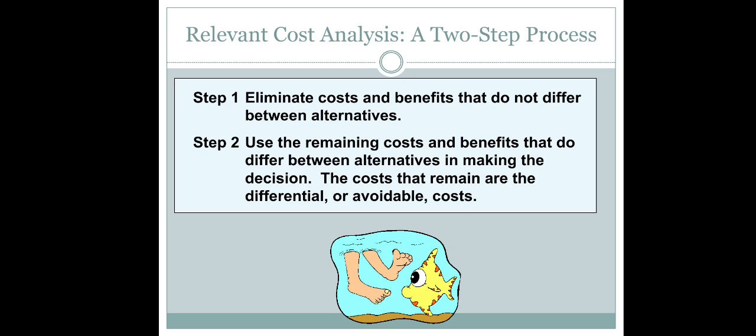There are basically two steps in the decision making process. Step 1, eliminate costs and benefits that do not differ between alternatives. In other words, step 1 is to eliminate irrelevant items, costs, or benefits. Step 2, use the remaining costs and benefits that do differ between alternatives in making the decision. The costs that remain are the differential or avoidable costs.